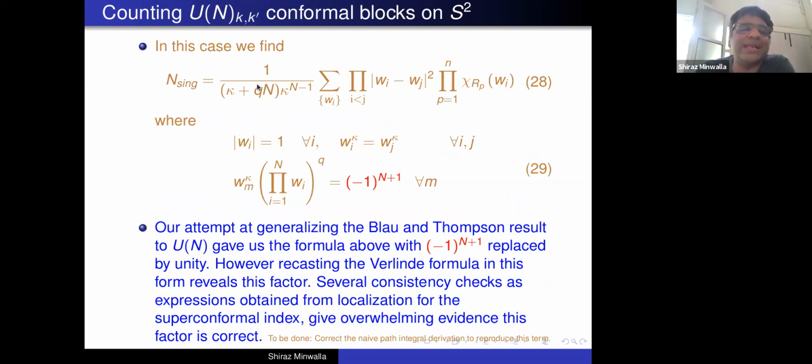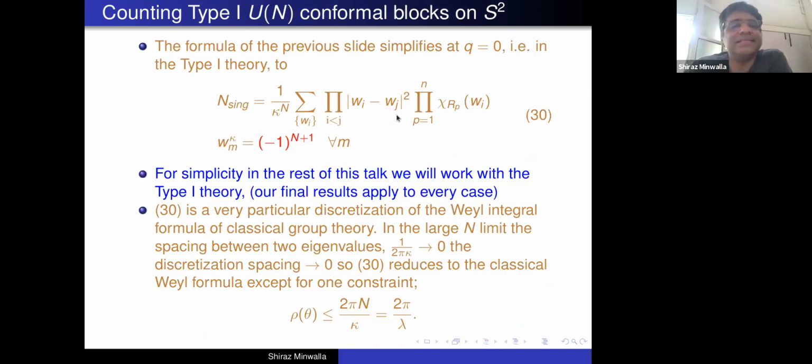Similarly, in the case of the U(N)_{K,K'} theory, there's a similar formula with similar structure, slightly different equations. Okay. And in the particular case of the U(N)_{K,K'} theory with K' equals kappa, so the case Q equals 0, the formula really simplifies very much, often for illustrative purposes. This is the case of what I call the type 1 U(N)_K theory.